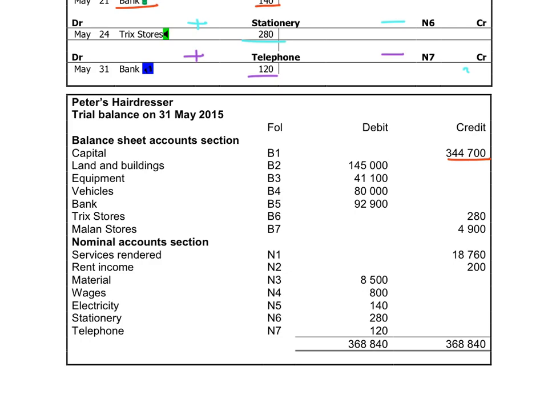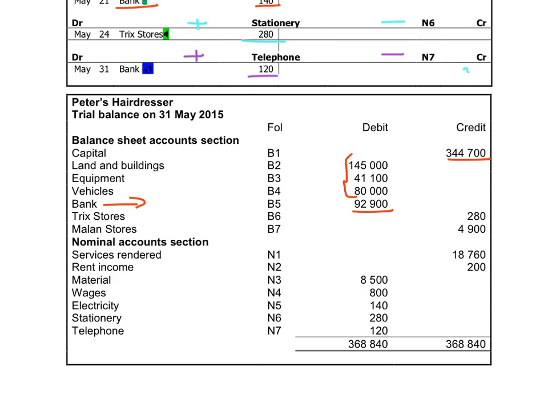All my assets, land and buildings, equipment, vehicles, the amounts were on the debit side, so the balances will appear on the debit side of the trial balance. The bank account we had to balance because there were amounts on the debit and credit side. The balance brought down below the total was on the debit side. Therefore, I will show that balance on the debit side.